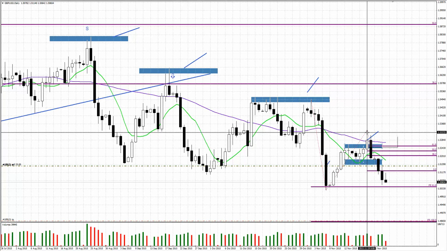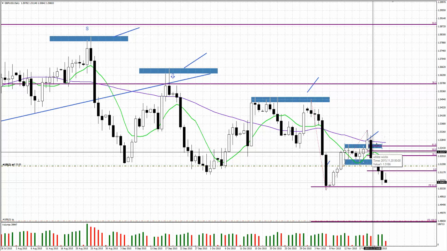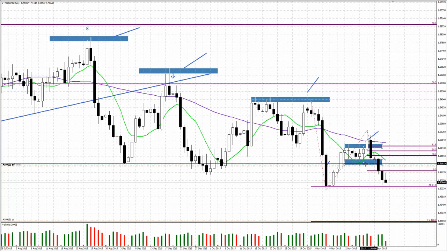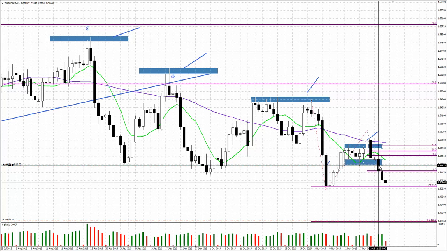Price did a fake breakout, sellers came in, a bearish engulfing pattern, then the breakout of this cluster here, and that is a confirmation. Even if you trigger it at this bar, you wouldn't be late at all.